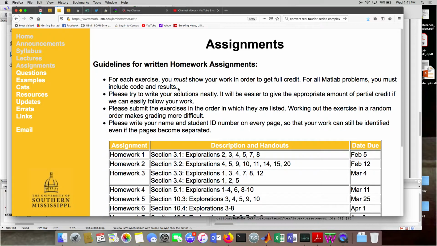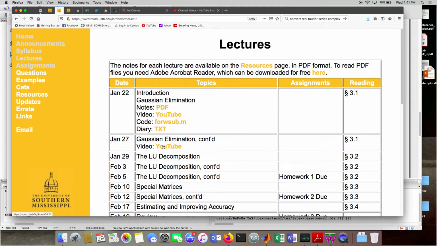I do have one question about stuff that's posted. The notes for January the 27th. Wait a minute, sorry, where? The notes for the 27th. Oh, it's actually the same document from the 22nd.